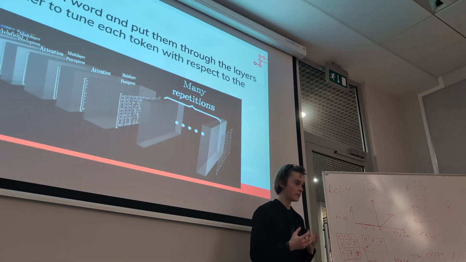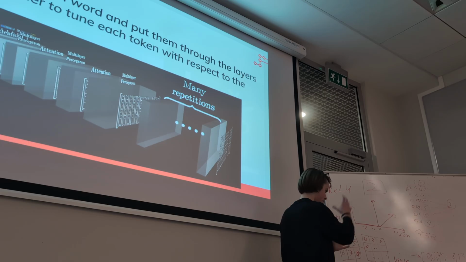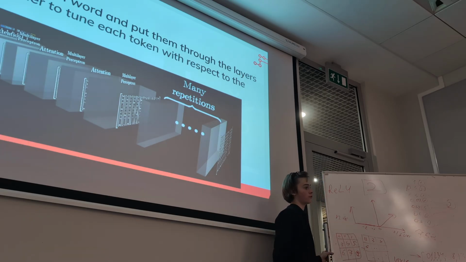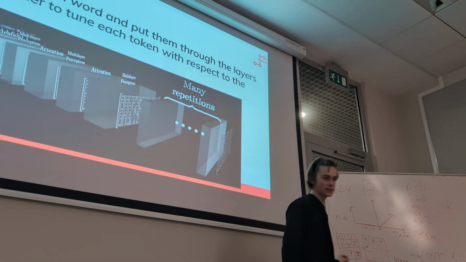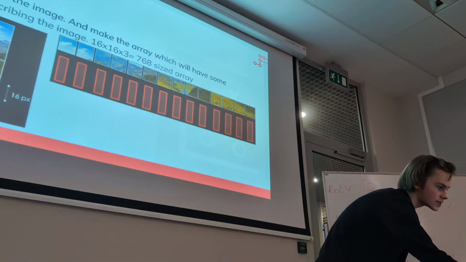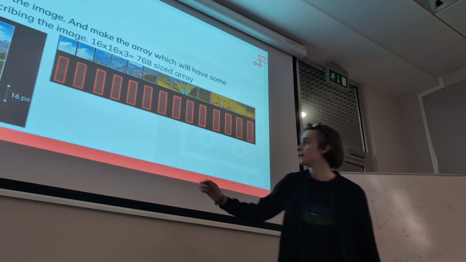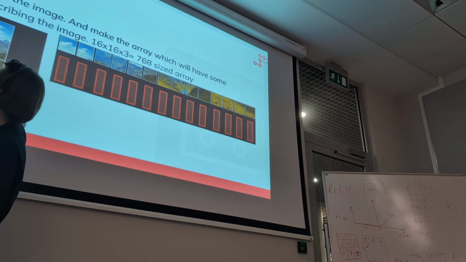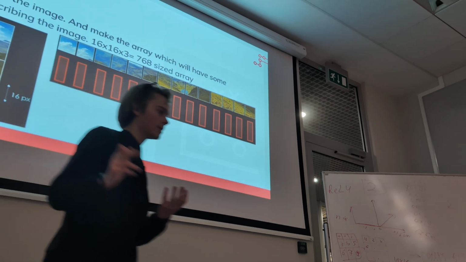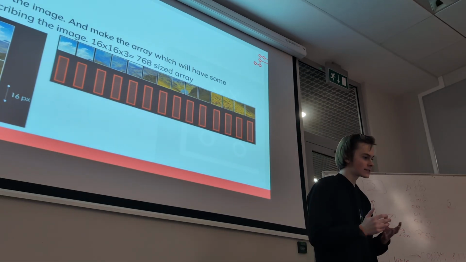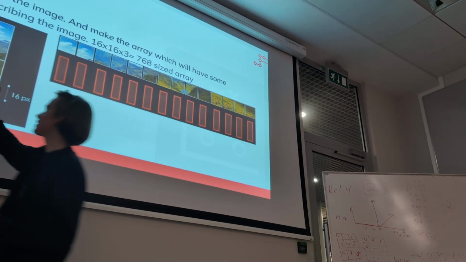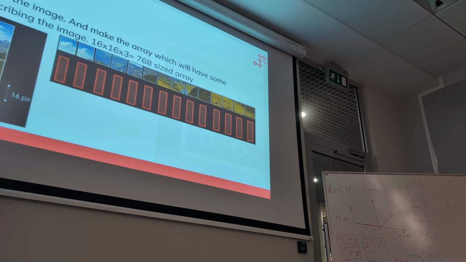the patches. The patches are just pieces of the image. For example, here is the lake, right? And how can it detect that this is the lake? It has this vector. For example, it doesn't know that this lake ends here or whatever.